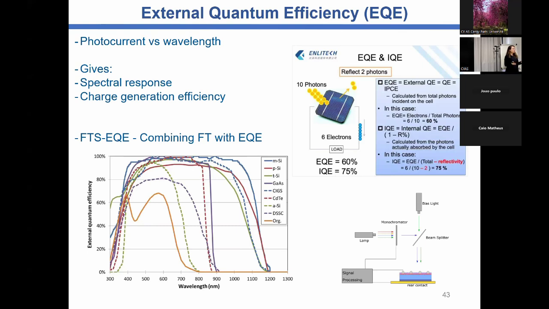So maybe we can use it to probe the charge transport that we were dealing with in the optical measurements. So in this way, for instance, it can give a spectral response in terms of the relationship between the energy of the photon and the electrical current that is generated. But we must have a very well done charge collection.